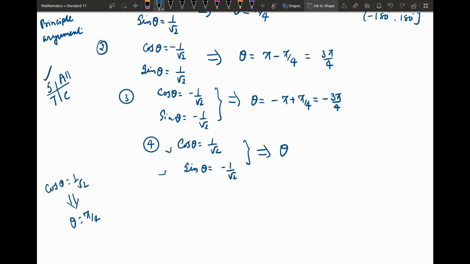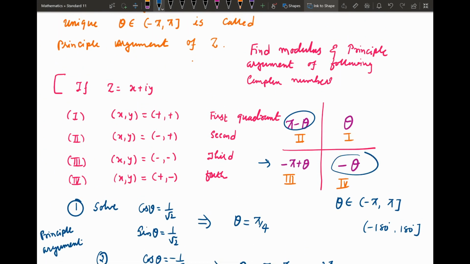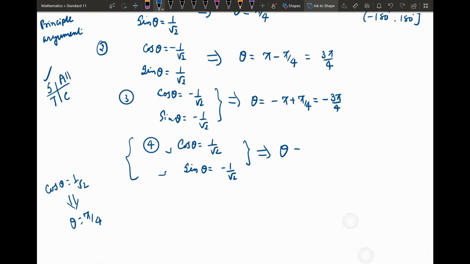But to get the principal value, cos positive and sin negative is the fourth quadrant, given by minus theta. So here theta will be minus pi by 4.